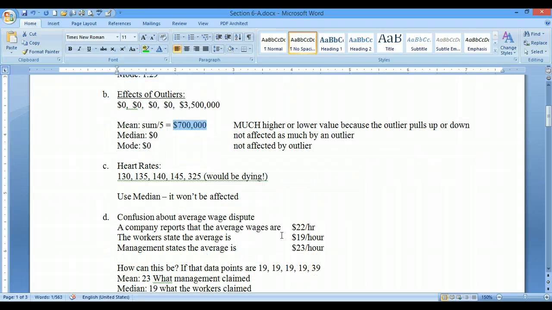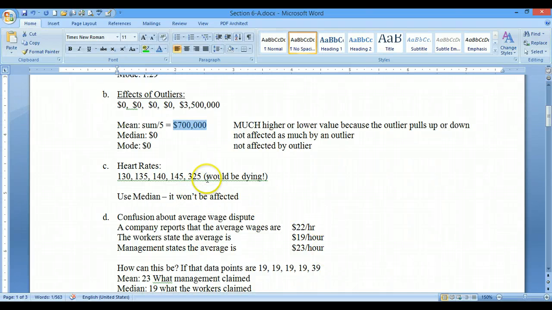Let's move on to our next example, C. Here are some heart rates, 130, 135, 140, 145, and 325. Which of these should I use, the mean, median, or mode, to characterize my data here?